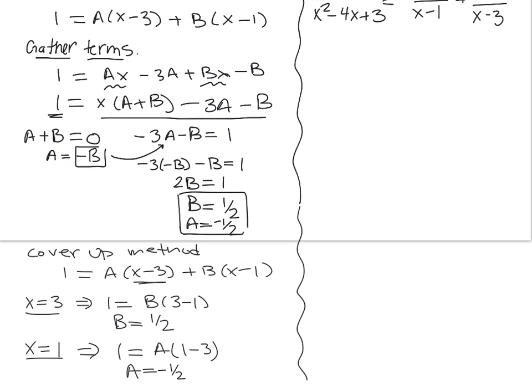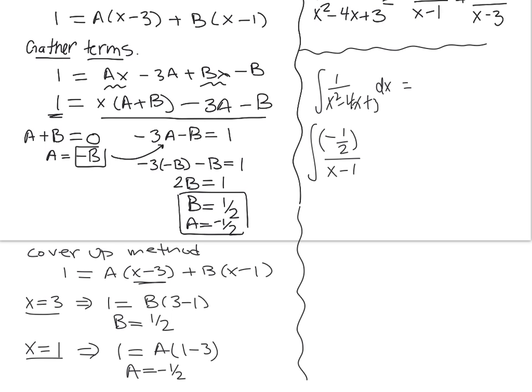ridiculously easy. So what this does for us is it tells us that the integral of 1 over (x squared minus 4x plus 3) dx is the same thing as the integral of negative 1/2 over (x minus 1) plus 1/2 over (x minus 3).